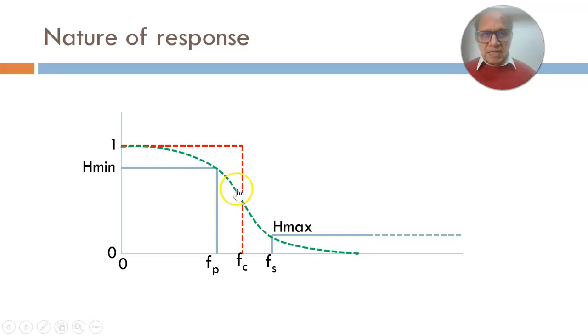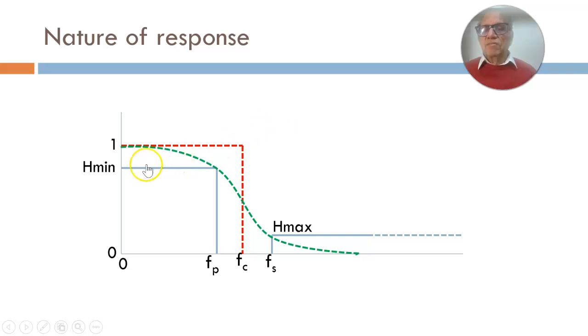If you want a sharp filter, you must have a high order filter. So whether it's FIR or IIR, in both cases you will require the order of the filter to be high for the frequency response to be sharp in the transition region. Of course, we have already said that for an IIR filter, the order required is less compared to FIR for the given steepness in the transition region.